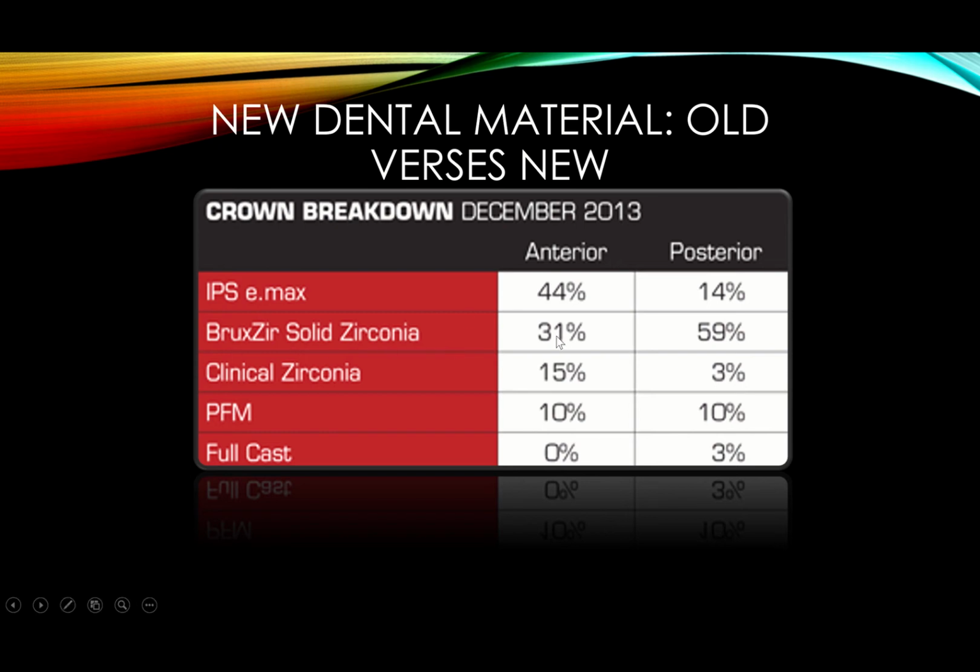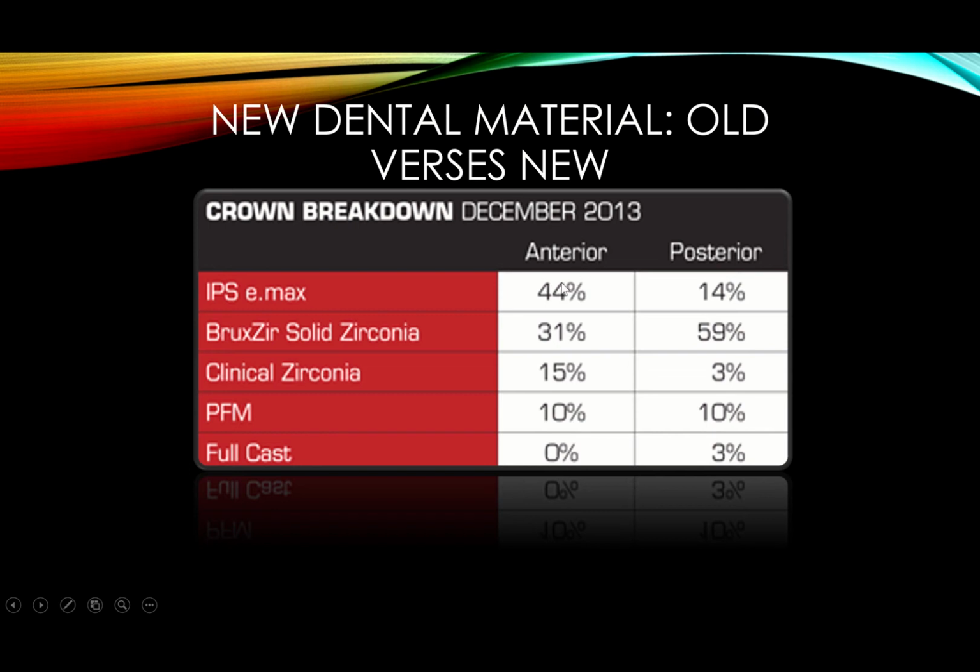Bruxzir Solid Zirconia, 3159. All right, clinical zirconia, whatever that is, 15%, 3%. Again, more breakage in the anterior, less breakage in the posterior. Then PFM and full cast, of course, full cast anteriorly, there is no breakage or no anterior, except if you want to do the first monolithic type that we talked about before, and then posterior 3%.